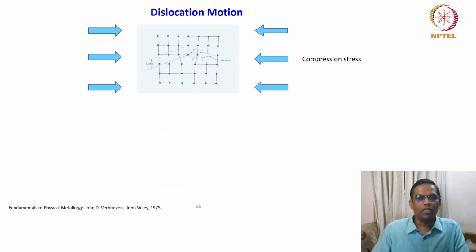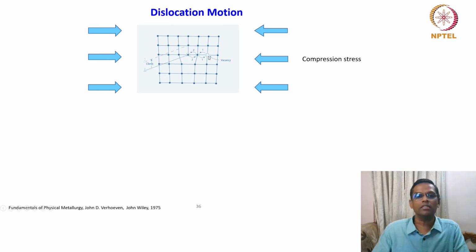And if you look at the other aspect of the motion, suppose vacancies are involved in the dislocation motion, then the extra half plane will become shorter. How does it become shorter?